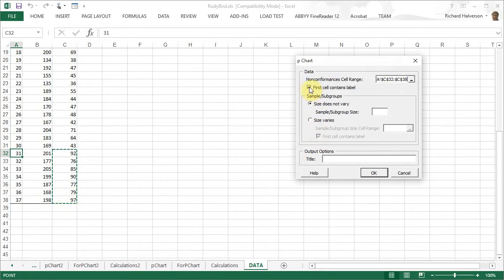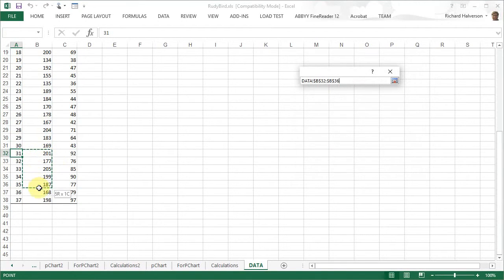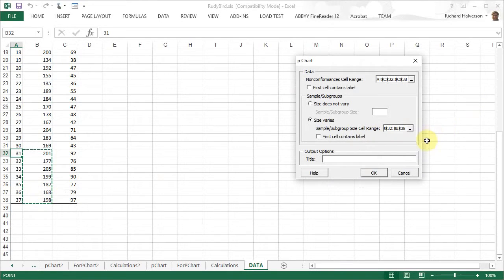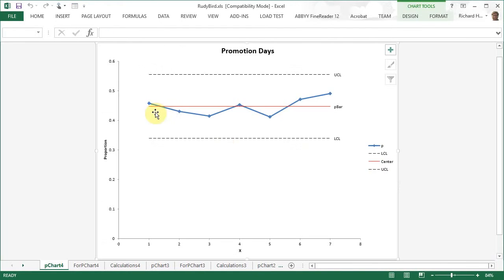First cell does not contain a label. Size varies, does not contain a label. 32 to 38, after promotion days. And that looks like this. And so for the promotion days, we see that the chart is in control.